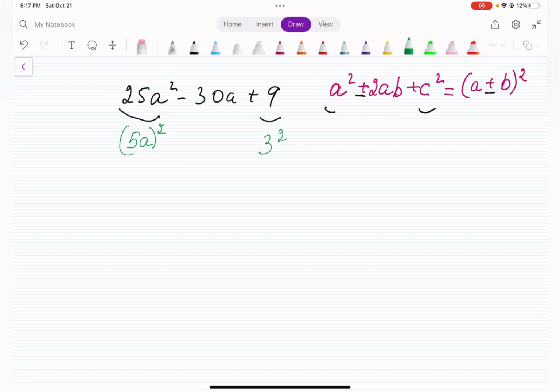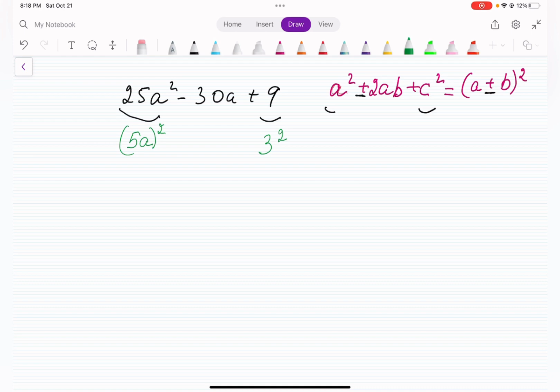So why are we starting from the first and the last one? Because if there is no square, if I had 24a squared, then I would be stuck. I couldn't get any number squared that would give me 24. That's why first we are checking if we have numbers that you can square and get the term that is represented in the expression.